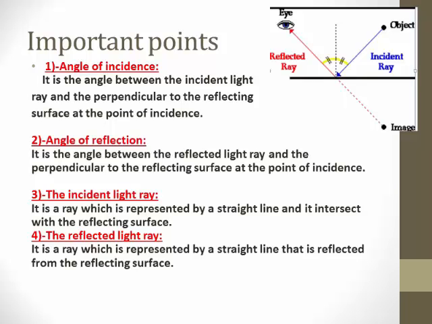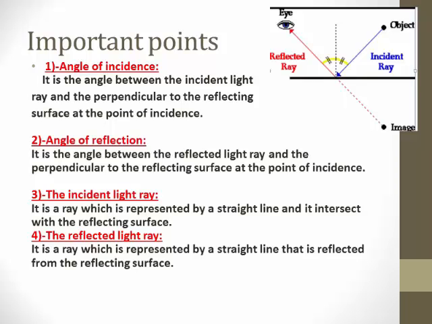Looking at the figure on the left, the object sends down the incident ray, the blue ray. It is the angle between the incident light ray and the perpendicular to the reflecting surface at the point of incidence. The point where they meet is called the point of incidence, which forms the image that I see. The object sends a ray that reflects at a certain point on the mirror, and this ray is equal to the same angle of the rays which reflect to our eyes.